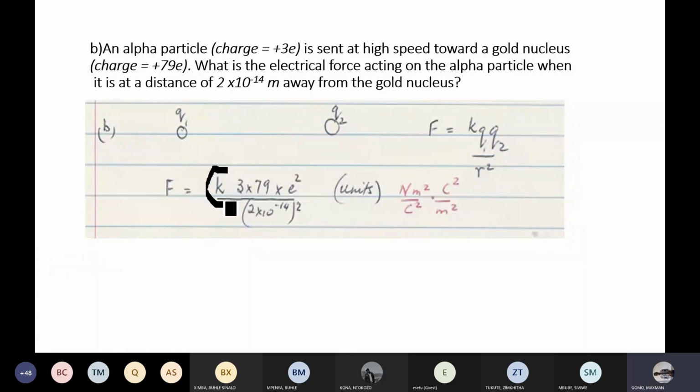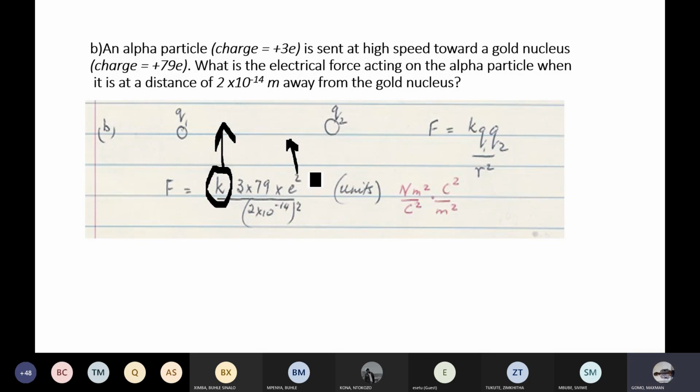You'll be knowing the value of K, it's given in your start guide. You also know the value of E. What is the value of E? 1.6 times 10 to the power negative 19. So you put the value of E here.